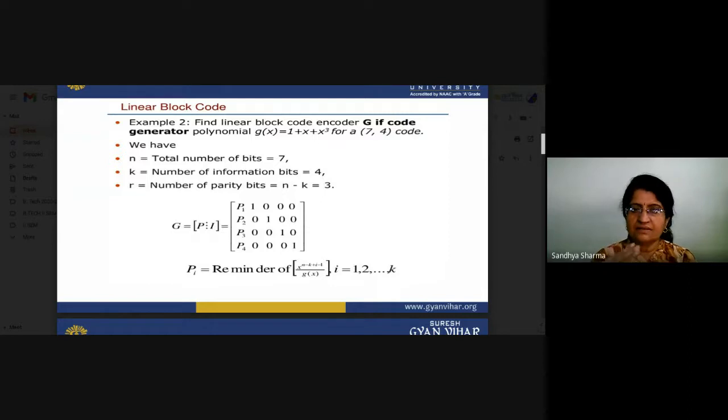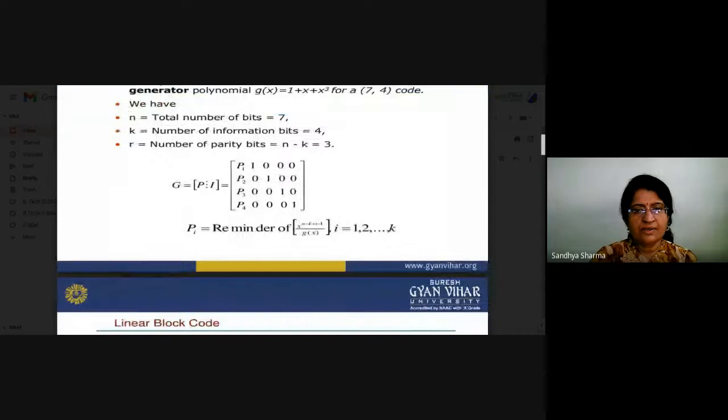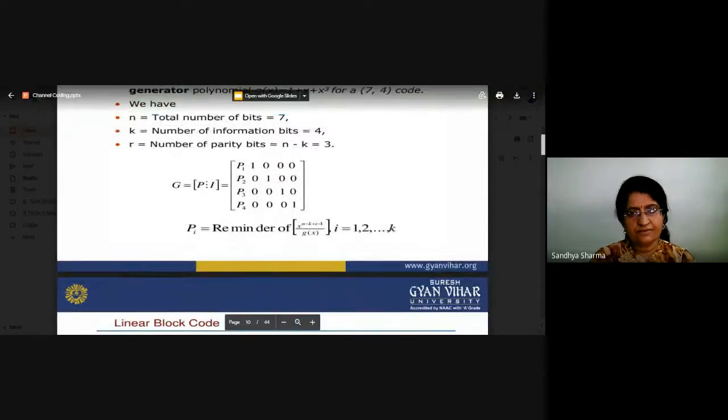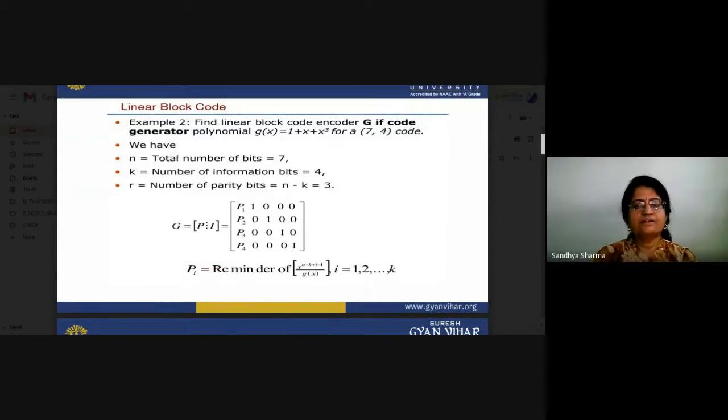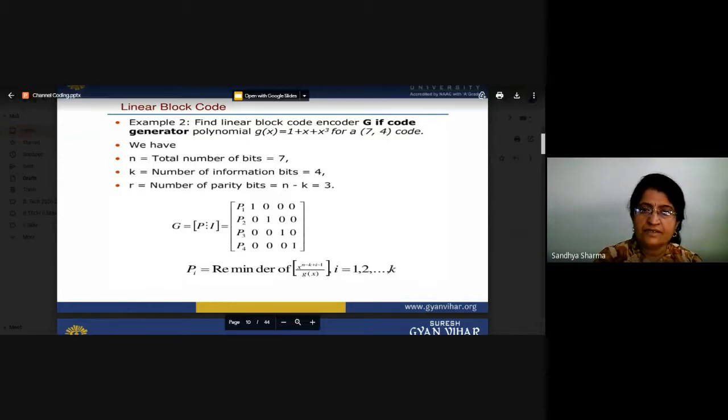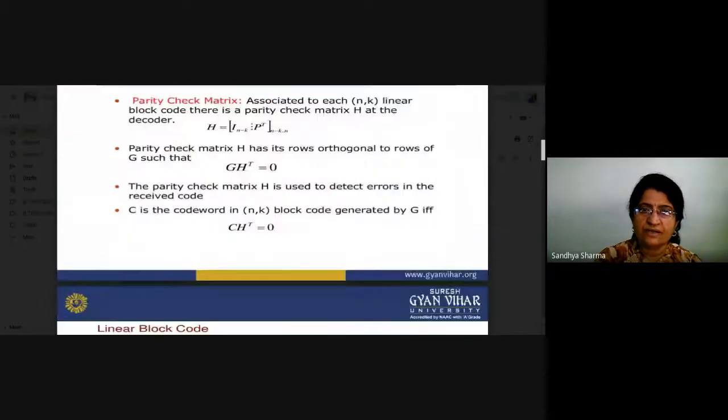So what about the Pi? It is the remainder of x to the power n minus k plus i minus 1, upon g(x). So how can you calculate the parity? You calculate it by putting the value of i from 1 to k, and according to the remainder you achieve, we can calculate the parity bits.